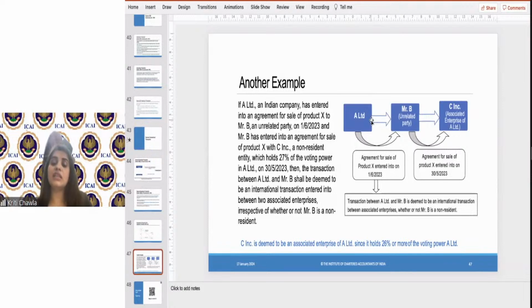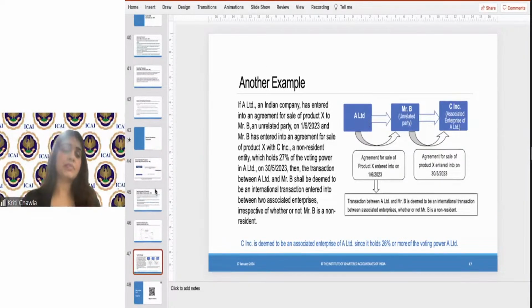So A and B enter into a deemed international transaction. I do understand that they are not related to each other, but they will still be considered as a deemed international transaction because A is related to C and B is selling to C. So this will be considered as a deemed international transaction between A and B, even though they are not related to each other. Well, that is because they are transacting with each other because they wanted to circumvent the law.